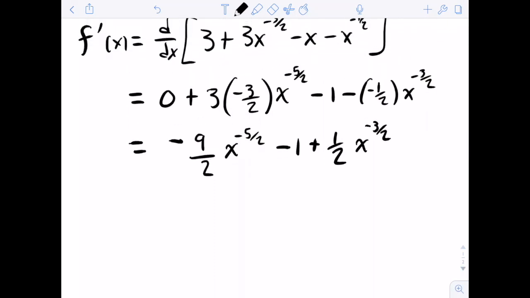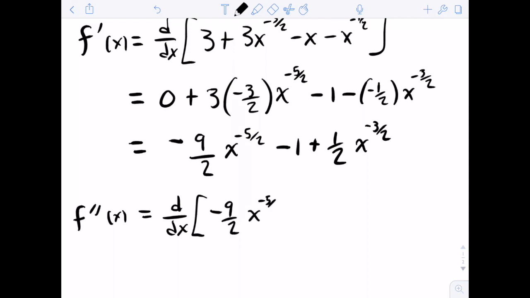Okay, so now remember we want the second derivative, and the second derivative is the derivative of the derivative. So f double prime is the derivative of the derivative. All right, so we're taking the derivative of the thing we just found.